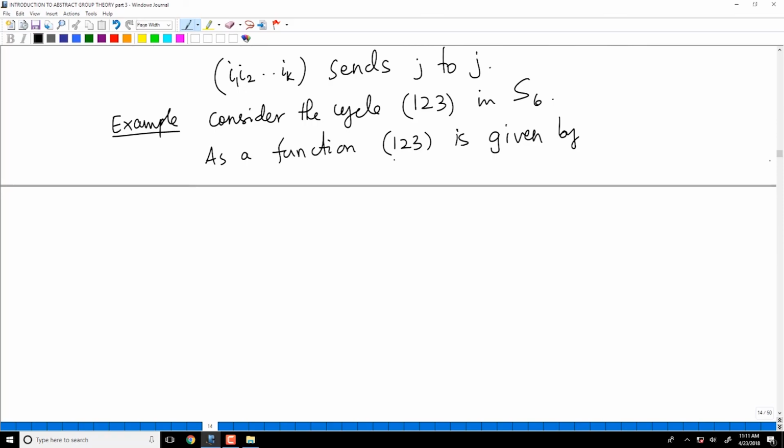I need to tell you what is the image of each of those indices under 1, 2, 3. 1 under 1, 2, 3 goes to 2, 2 goes to 3, 3 goes to 1. So all the indices contained in the cycle behave this way, and all the indices that are not contained in the cycle are fixed.